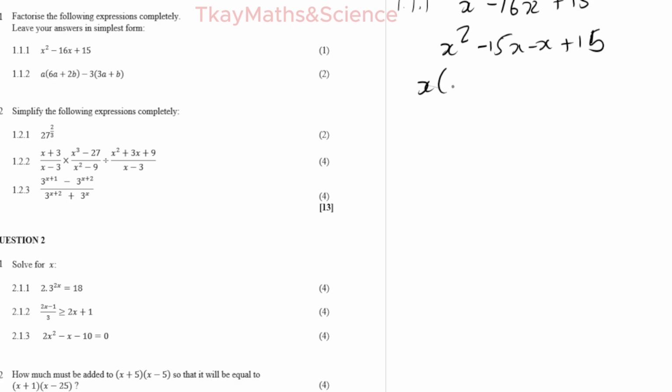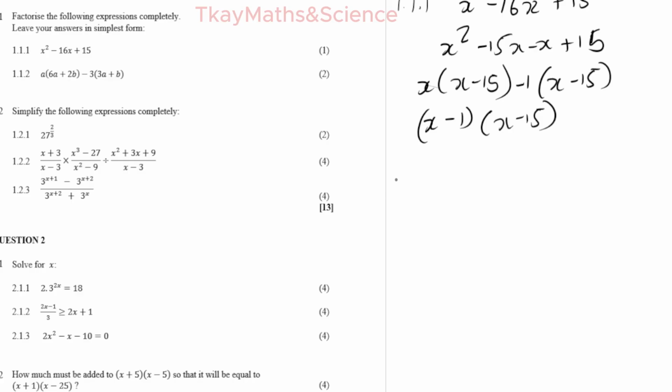It's gonna be x, factor out x here, x minus 15. Then here we factor out minus 1, that is x minus 15. All right, so our brackets are gonna be like this, x minus 1 and x minus 15. All right, so that one is 1 mark.